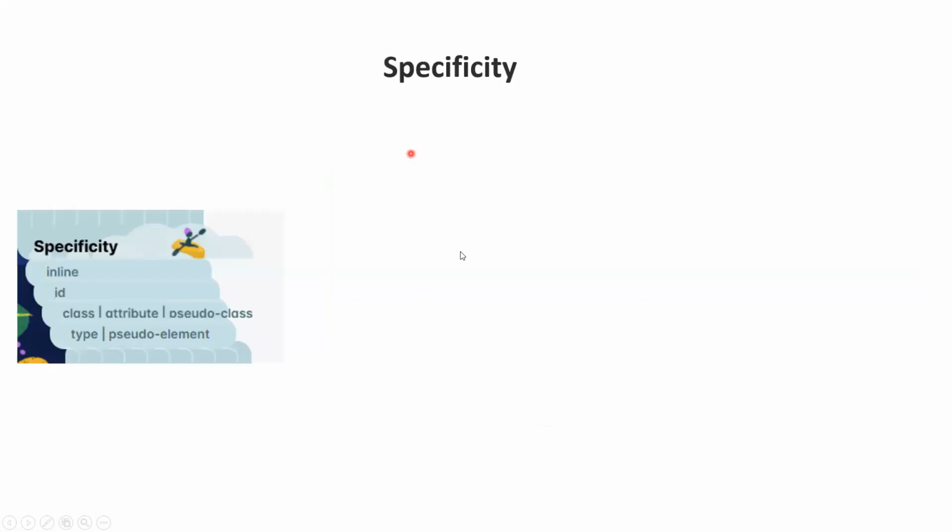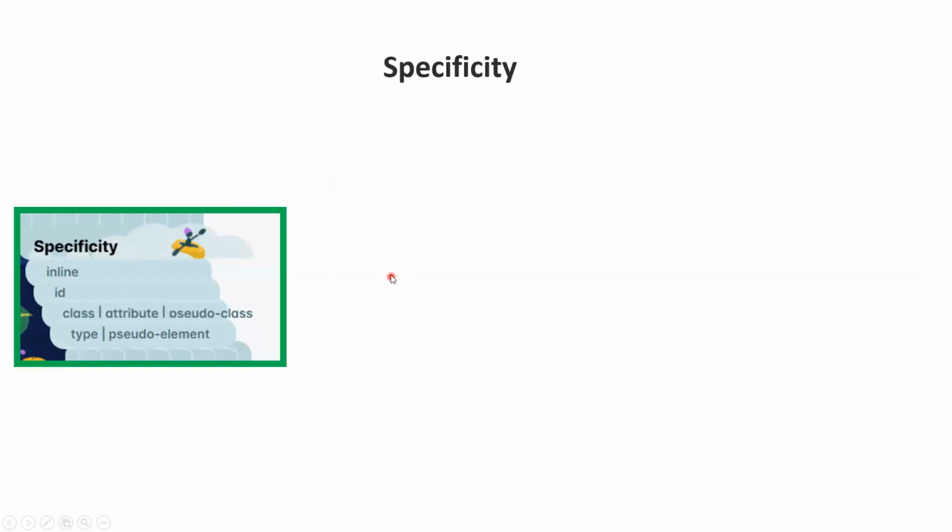Specificity. At the specificity level, we look at ID target elements, class target elements, or inline target elements. There are different levels of selectors.